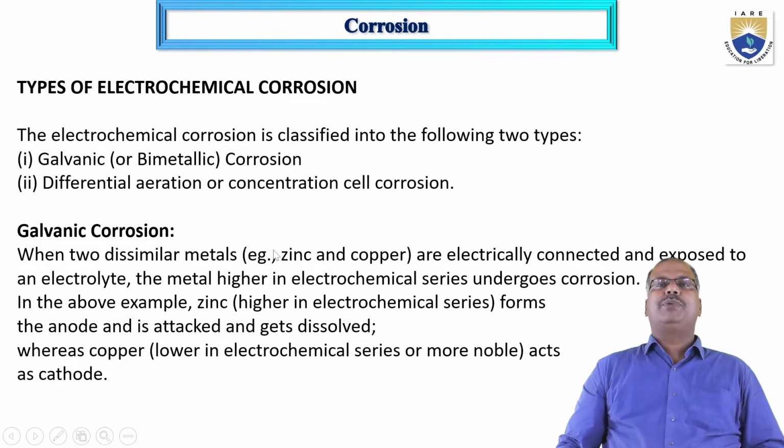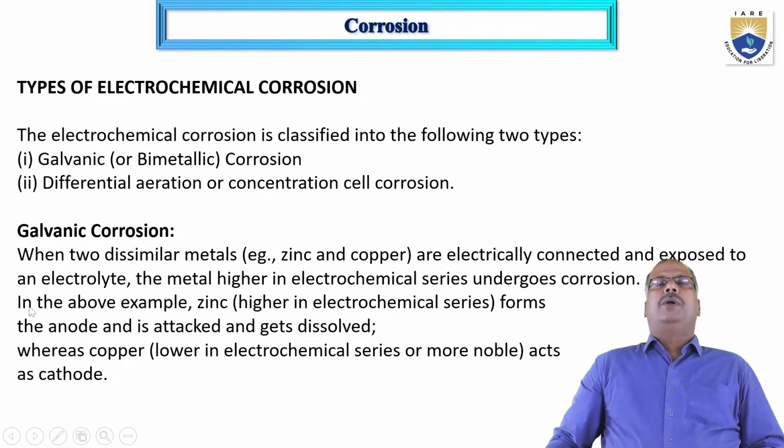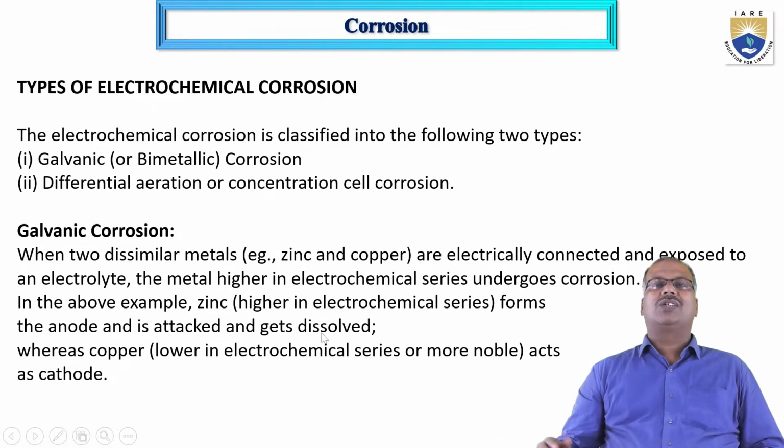So in the above example, zinc undergoes corrosion, and copper acts as a cathode and undergoes reduction. Zinc gives Zn2+ and 2 electrons, whereas copper takes the 2 electrons and acts as a cathode.